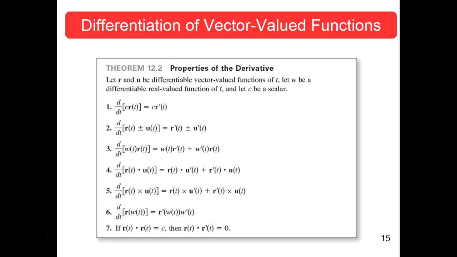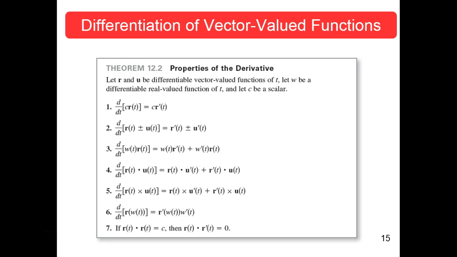So let's do properties of the derivative. These are vector value functions as opposed to scalar value functions. R, bold like it is, and U, bold like it is, are differentiable vector valued functions of some independent variable t, meaning that the various components are all dependent on t.